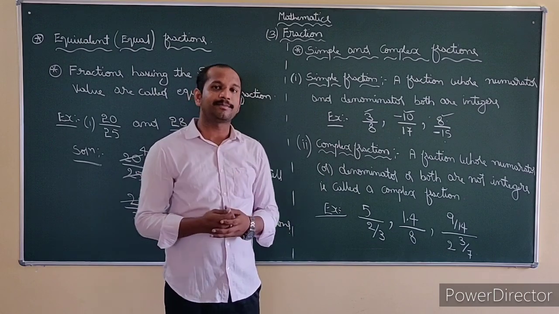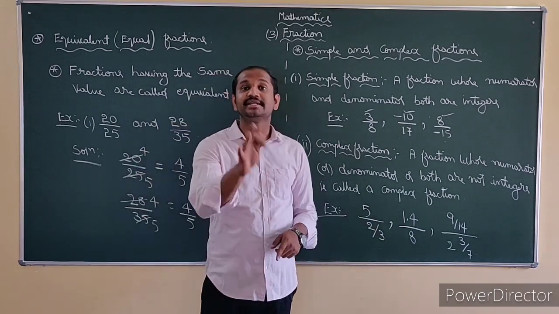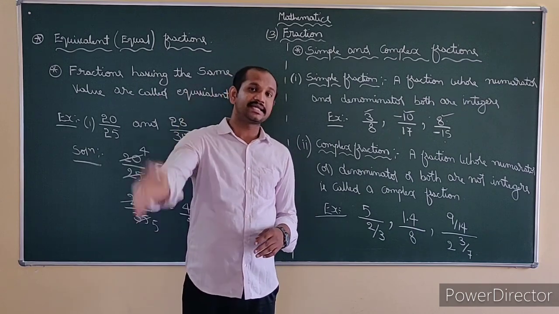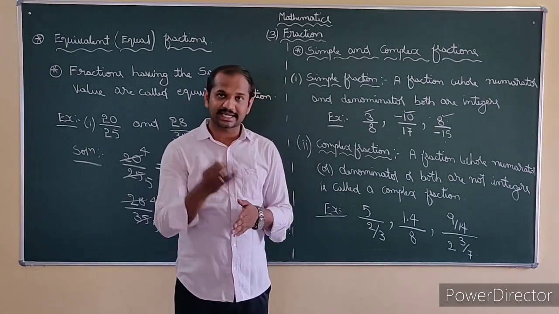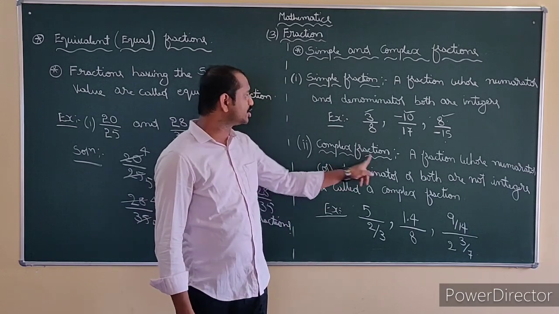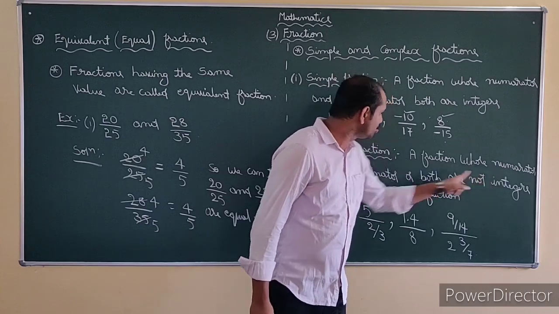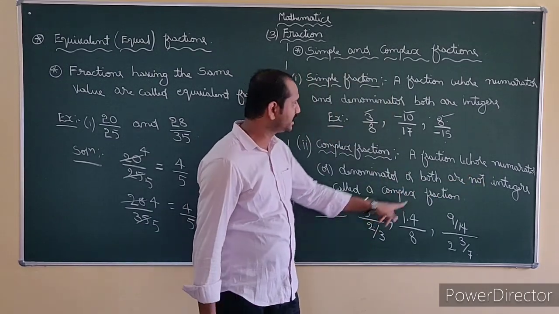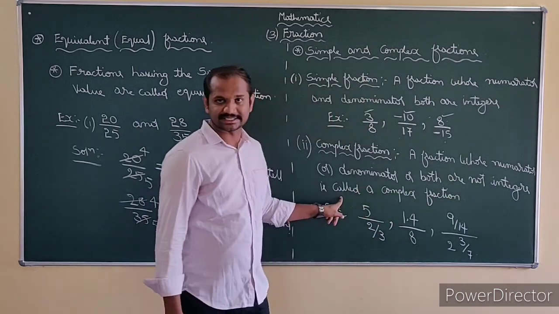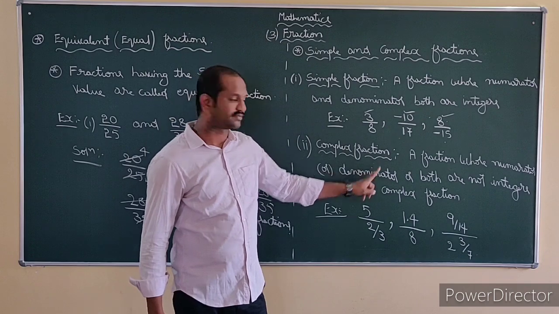Then what do we mean by a complex fraction? If the numerator or denominator is not an integer, like a rational number or a decimal fraction, that is called a complex fraction. A fraction whose numerator or denominator or both are not integers is called a complex fraction.